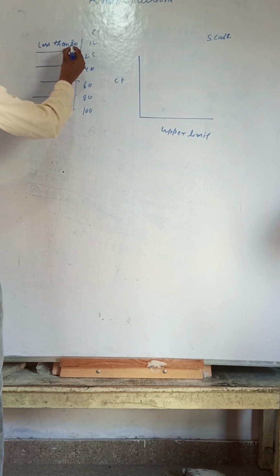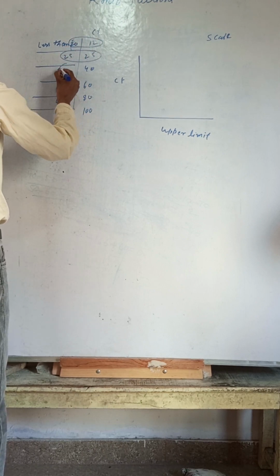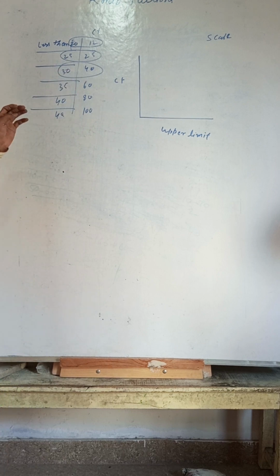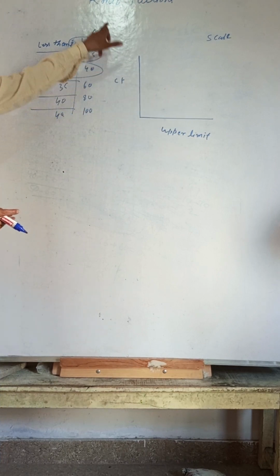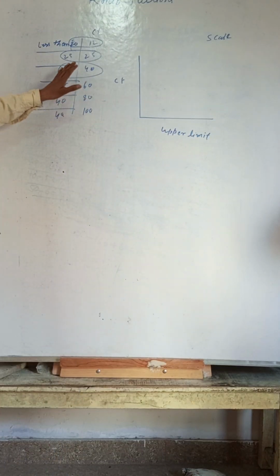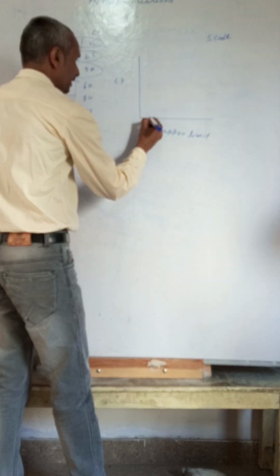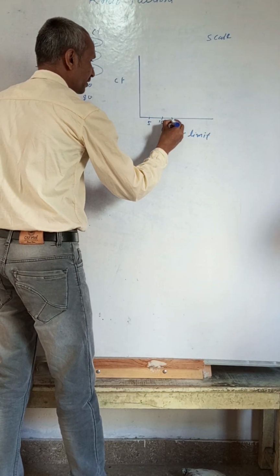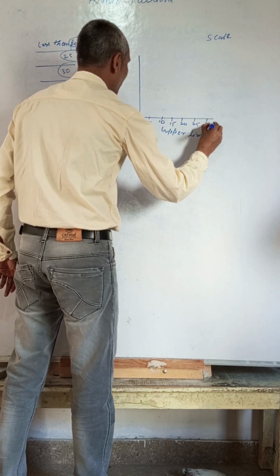These are the points: 20 and 12, 25 and 25, 30 and 40. This number you write on this side, and this number on this side. You take a suitable scale. What suitable scale will we take? 5, 5 you can take on this side: 5, 10, 15, 20, 25, 30.